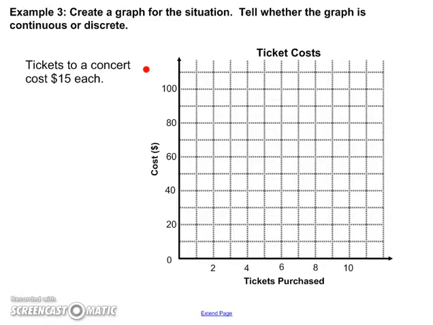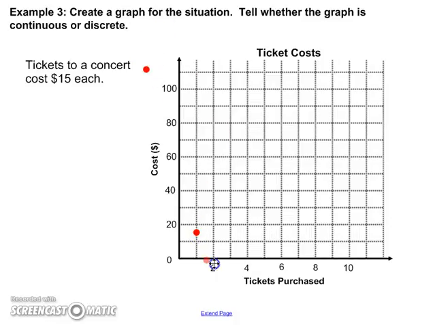Now ticket costs. In this particular case, we have tickets to a concert. The cost of tickets is $15 each. You'll notice I don't have a table. I'm just going to plot them. So one dot is $15. I'm going by tens here, so if that would be 10, 15 would be right there.